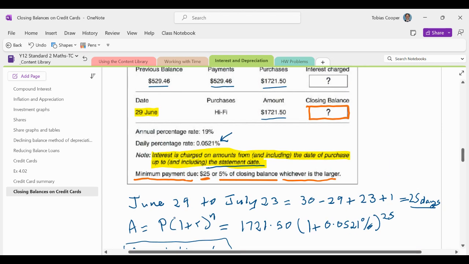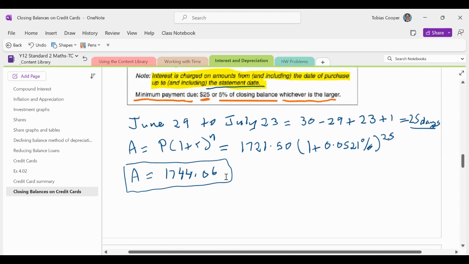So if I went up to my card here, then I'd be putting in that little blank spot, closing balance would be 1744.06. Okay, now because it says the minimum payment is 5% of the closing balance, I'm then going to find 5% of my closing balance.